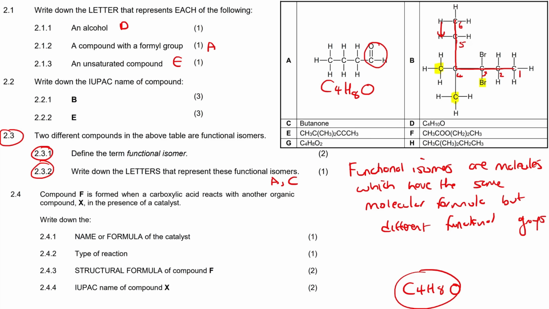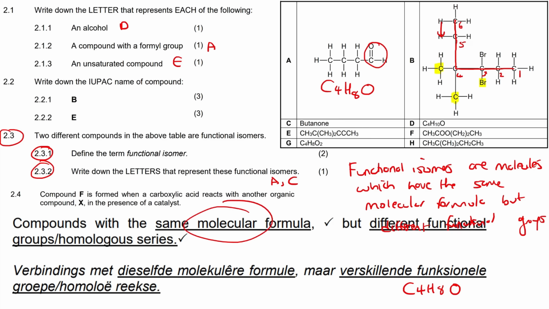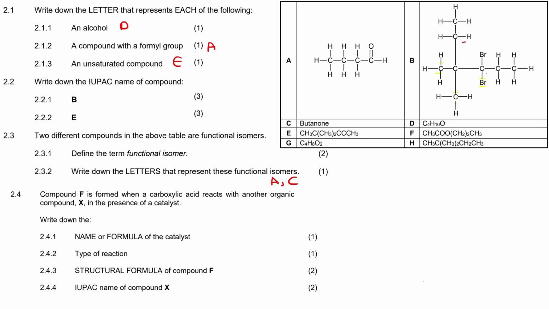Okay, so in this one we had an aldehyde, whereas in this one we had a ketone. So the actual definition: compounds with the same molecular formula, but different functional groups. Okay, and that's obviously just the Afrikaans one. Okay, cool.